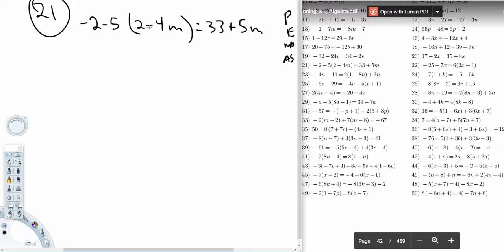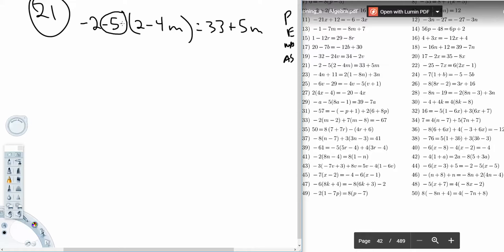Can we do this? Can we do 2 minus 4m? No, we can't. Right? We can only add or subtract like terms. We can only subtract apples. We cannot subtract apples and oranges. So what's the trick? Well, if we look to the left, we see here minus 5.